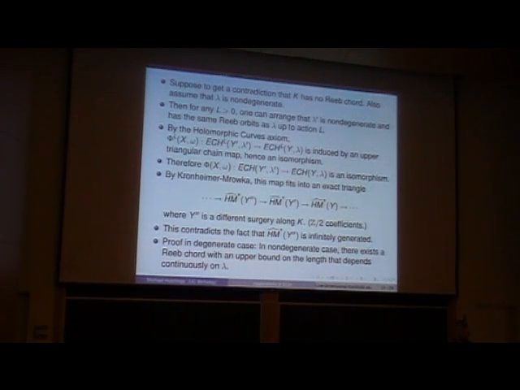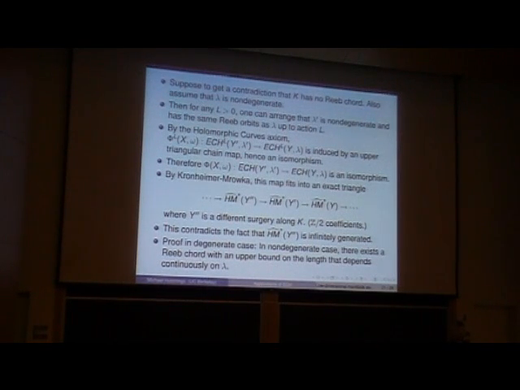But recall that Kronheimer-Mrowka also proved that the Seiberg-Witten Floer cohomology of this third term is infinitely generated. So since this guy is infinitely generated, it's impossible for this map to be an isomorphism, because if this map were an isomorphism, then this third term would be 0. So that's the contradiction.